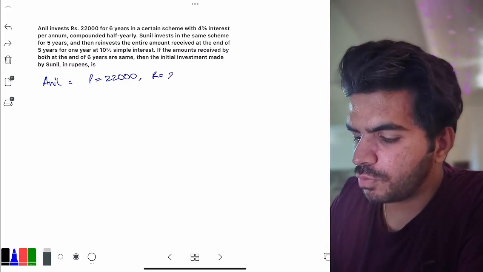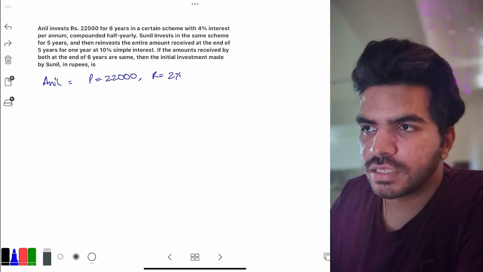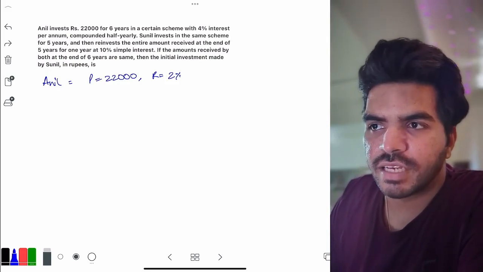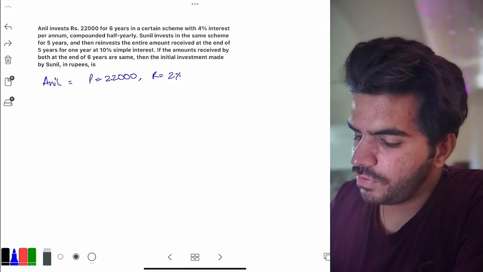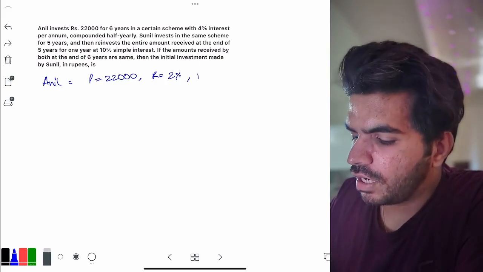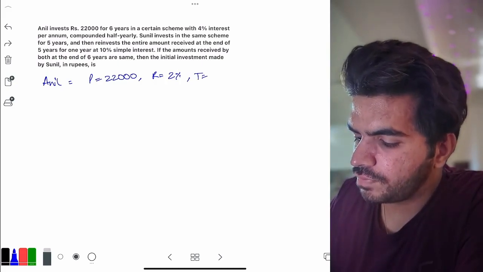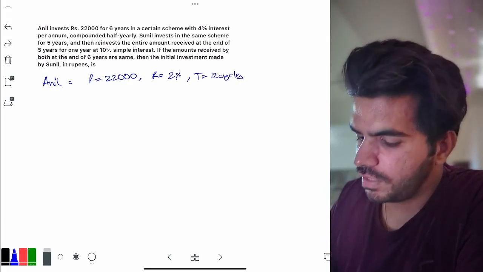Each cycle we have 2% interest, because 4 divided by 2, as it is per annum and the cycle is of 6 months. So the rate of interest will be half, and there will be 6 years, that means 12 cycles of compounding.